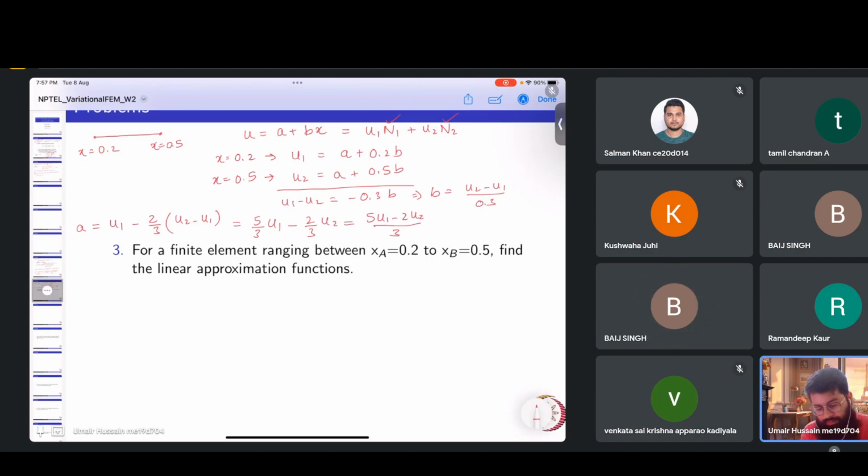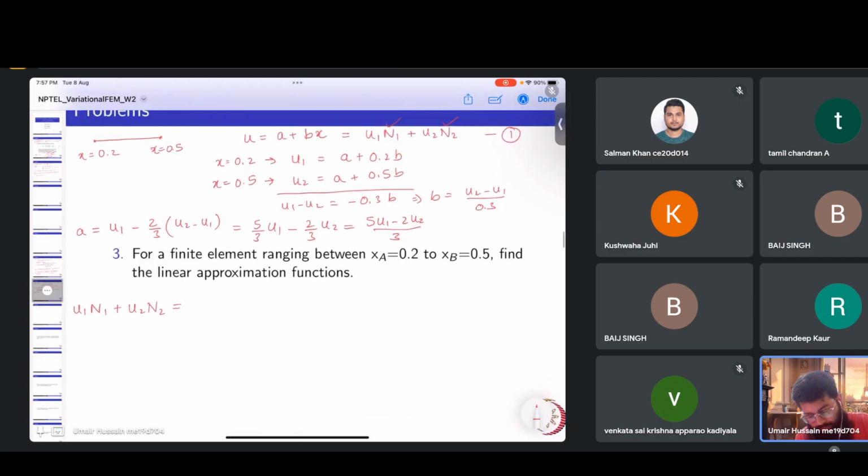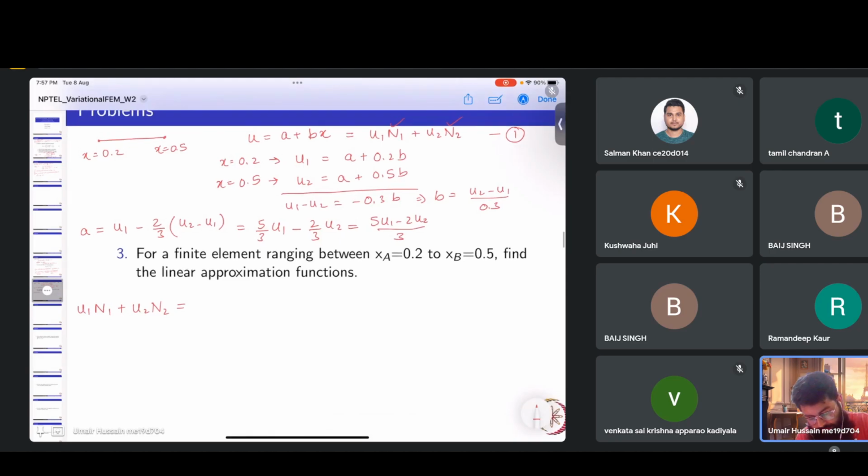So if we substitute this back into our equation 1, we have u1 n1 plus u2 n2, and this would be equal to a, which is 5 u1 minus 2 u2 by 3, plus b, which is u2 minus u1 upon 0.3, times x. So this is the equation that we get.